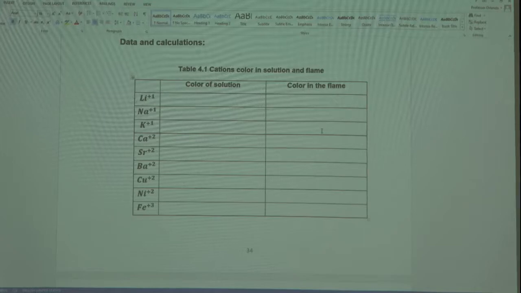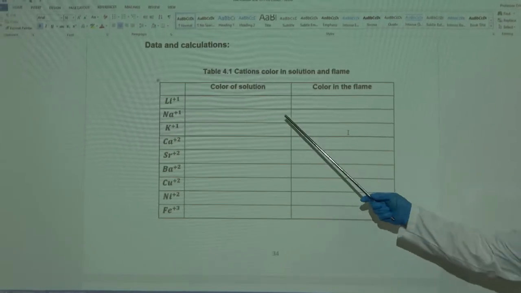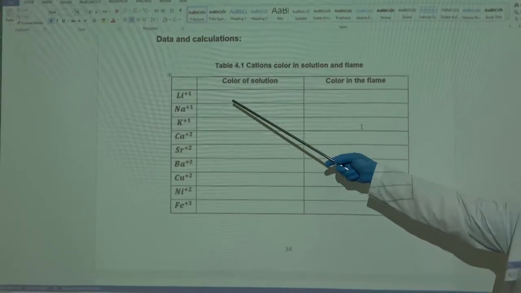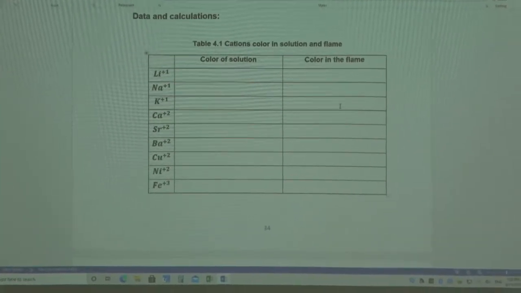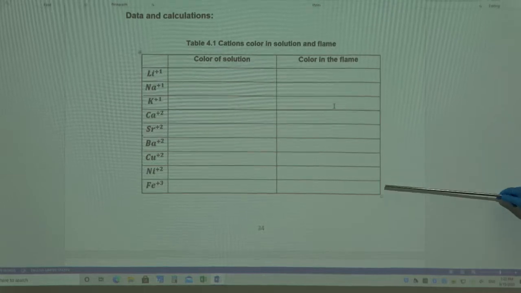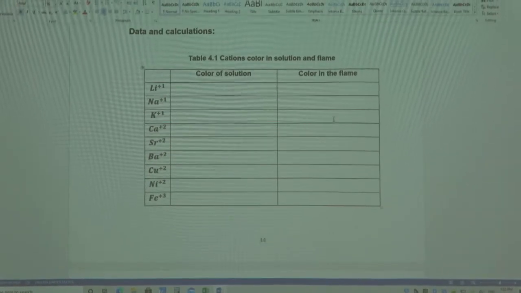By looking at those colors, you're going to fill up this table, starting from lithium all the way down to iron +3. Okay? And also the color of the flame that each one of those ions gives away.